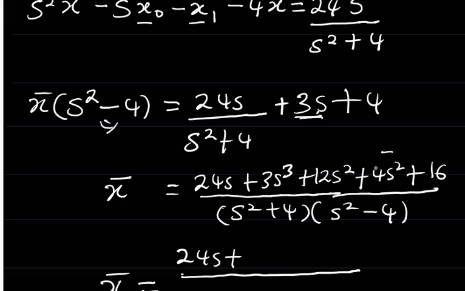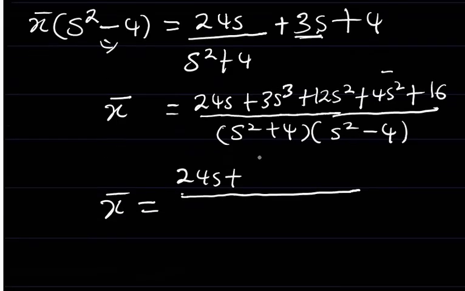Collecting like terms together, I have 12s plus 4s², that is going to give me 16s². All right, so this is going to be 24s plus 3s cubed plus 16s² plus 16.